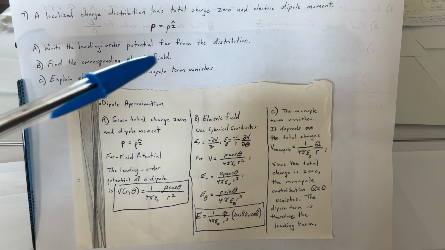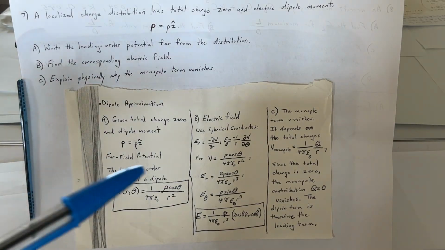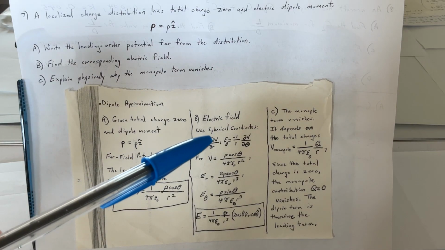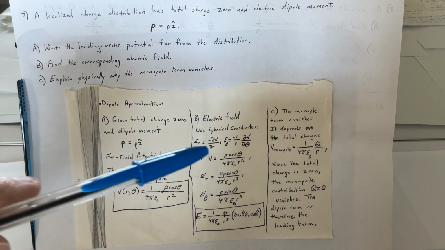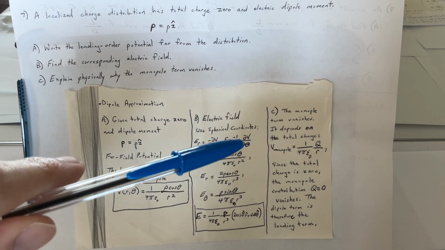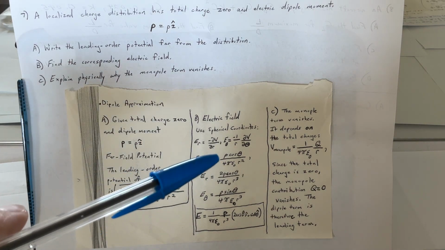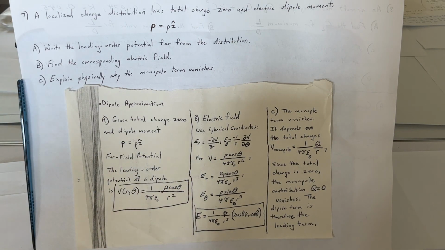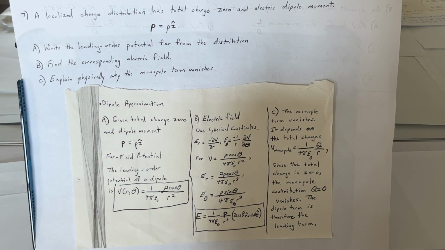For letter B, find the corresponding electric field. Electric field, we're going to use spherical coordinates. E sub r equals negative partial derivative dV/dr. E sub theta equals negative 1 over r partial derivative dV/d theta. And for V, that equals p cosine theta over 4 pi epsilon naught r squared. So E sub r equals 2 p cosine theta over 4 pi epsilon naught r cubed.